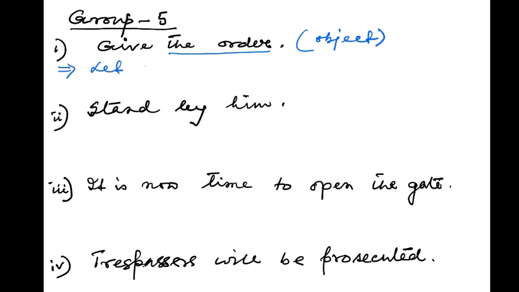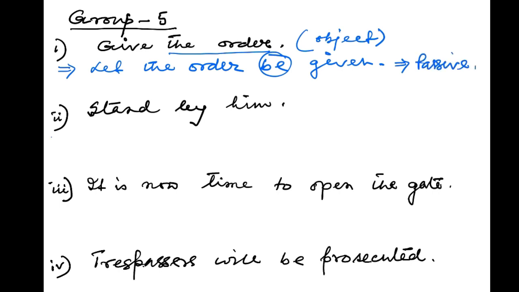The object: let the order be given. Let the order be given. So this is the passive form.